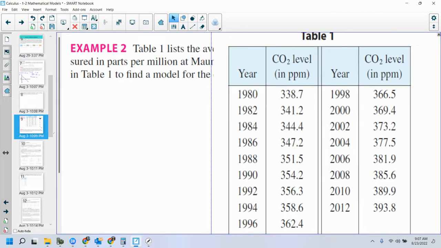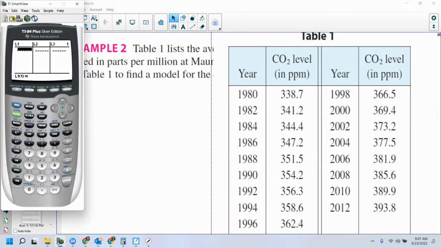There's the data. I'm going to plug mine in using my keypad here. There we go.